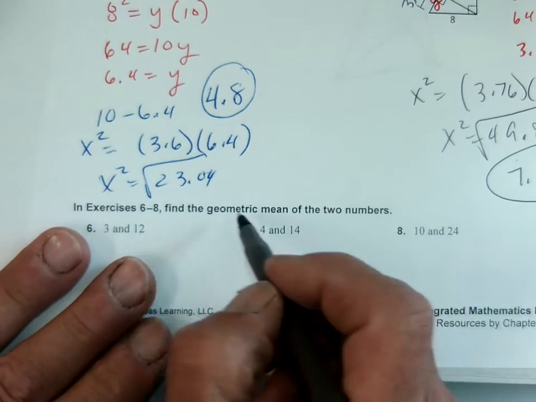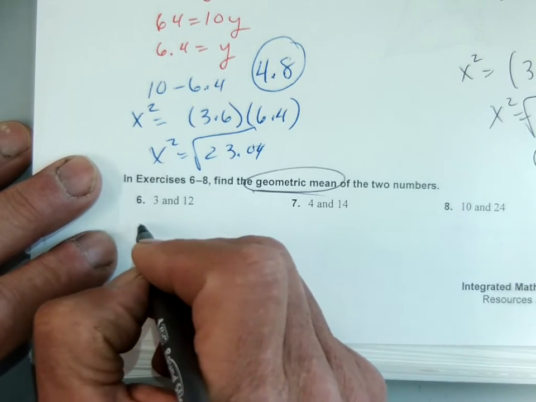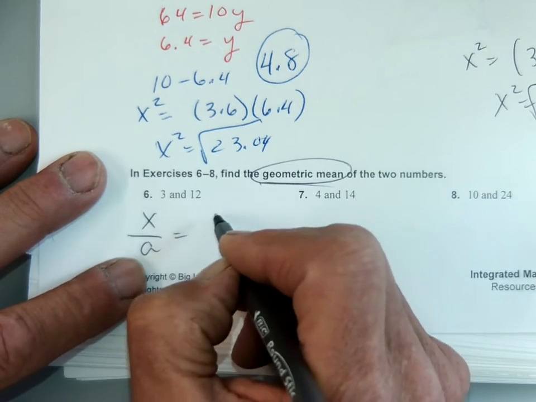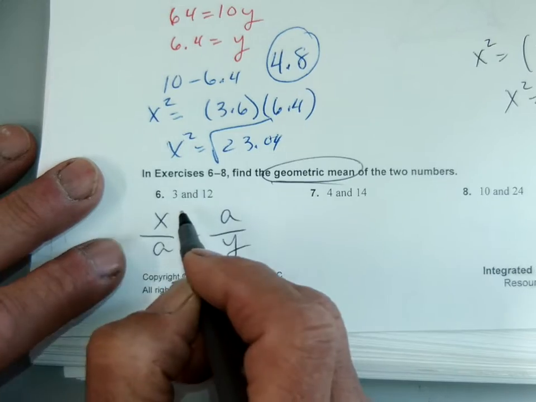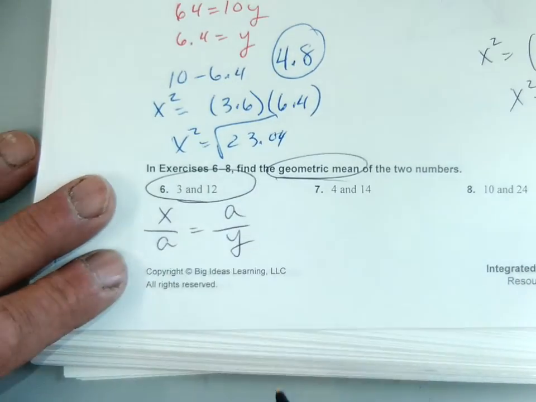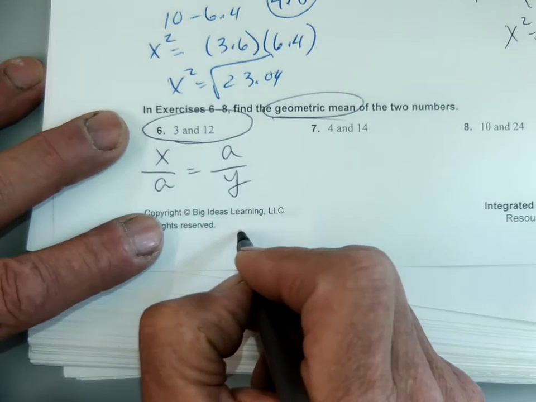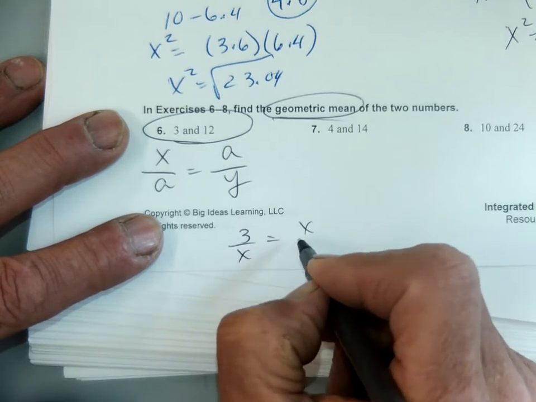But before I do anything, geometric mean just says this. Geometric mean is x over a equals a over y. In this case, it's just going to be 3 over x equals x over 12.